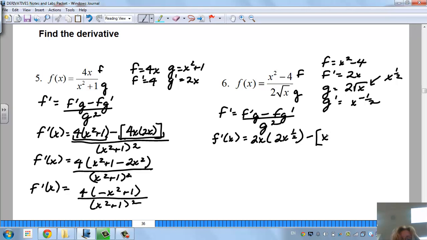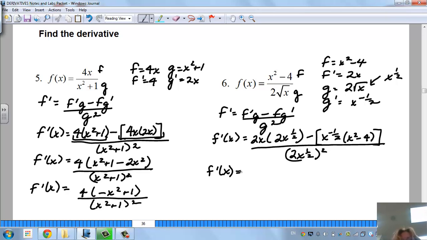So I've got x to the negative half. I'm just going to put it in front, times x squared minus 4. Okay, all over g squared. Please don't forget that, because a lot of times I'll have kids do this perfect and forget the denominator. Okay, now when we go to combine these, I want you to remember your exponent rules.